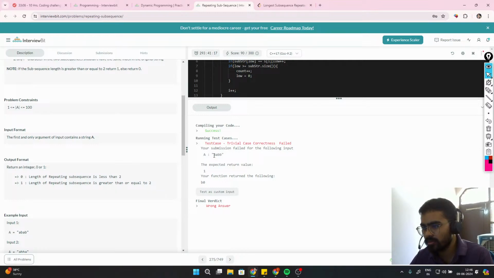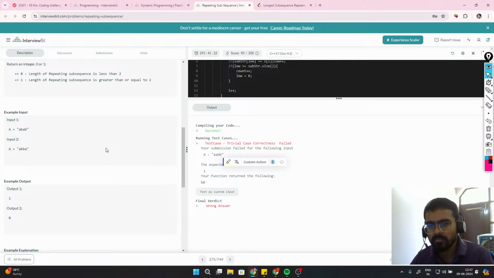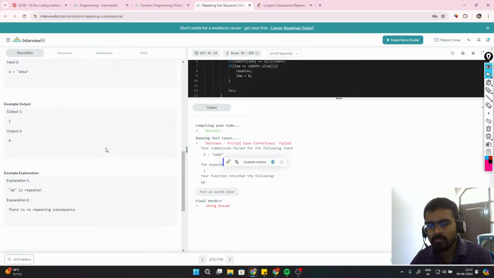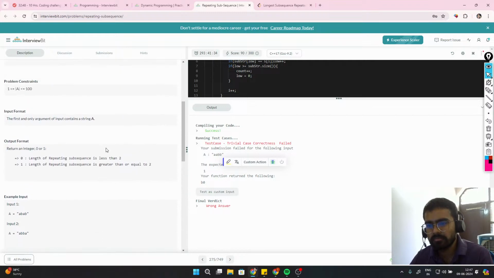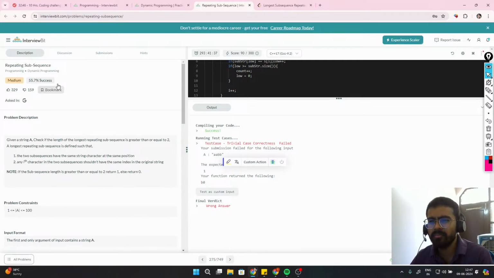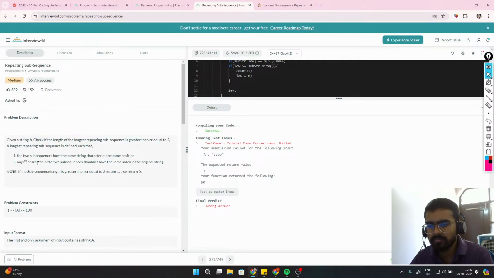Obviously, in this case, AABB. What does this even mean? The two subsequences have the same string character at the same position.